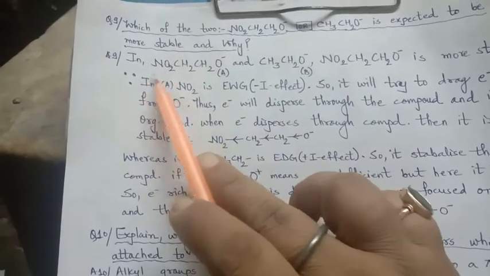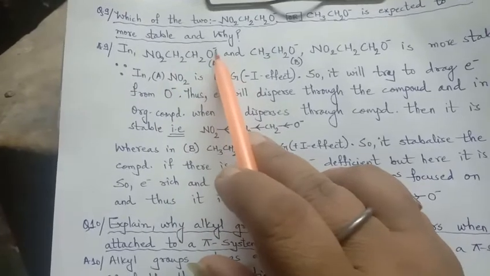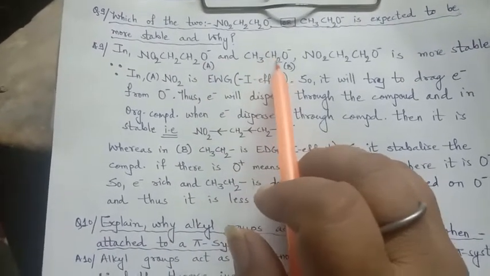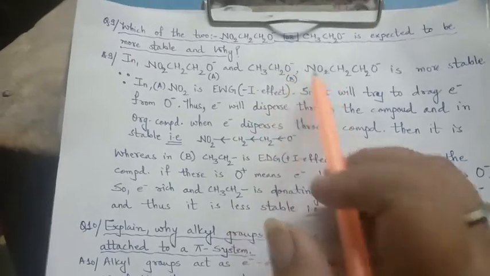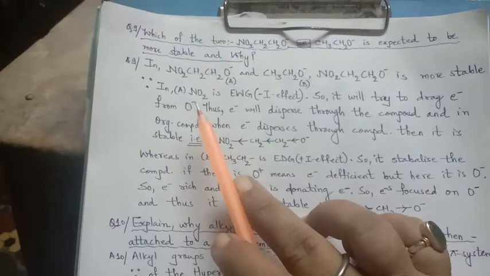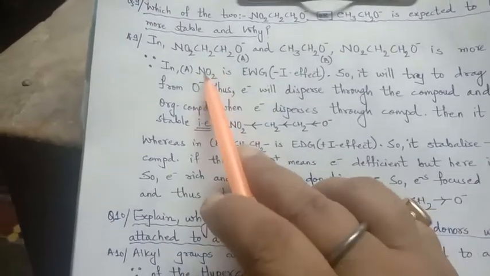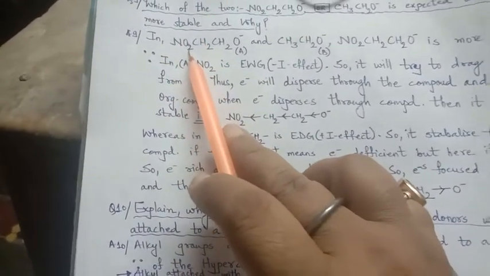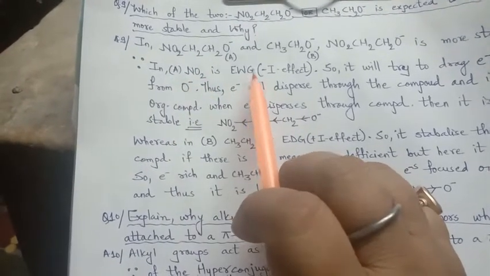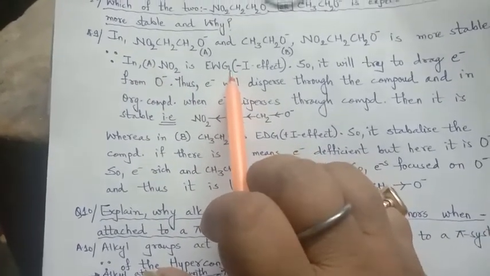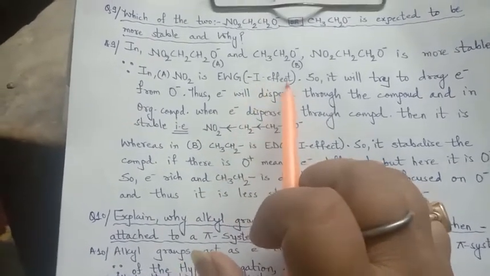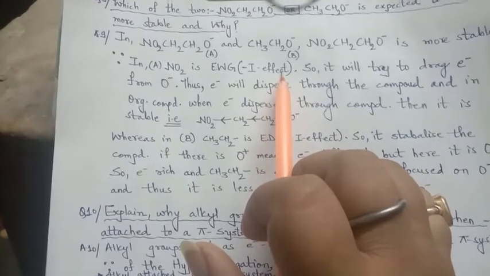So in NO2 CH2 CH2O minus, structure A, and CH3 CH2O minus, structure B, structure A is more stable because in structure A, what is present? The NO2 functional group is present, and NO2 is an electron withdrawing group. That is, it undergoes the minus inductive effect. And what it will do?